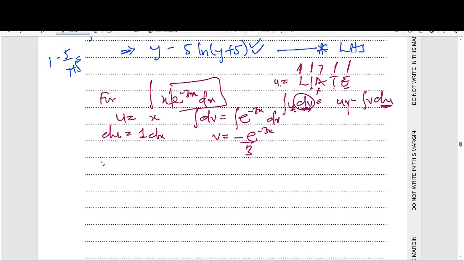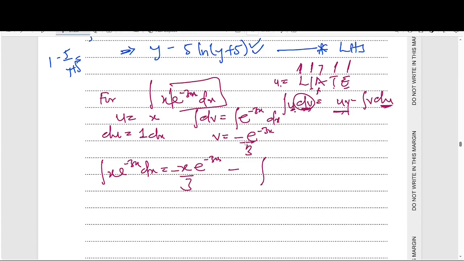Next, we go back to our formula and do substitution. So the integral of x e to the negative 3x dx is equal to u times v. Our u is x, and our v is the whole of this, e to the negative 3x over 3, but it's negative over here. Then minus the integral of v du.